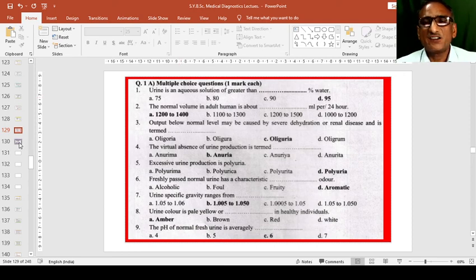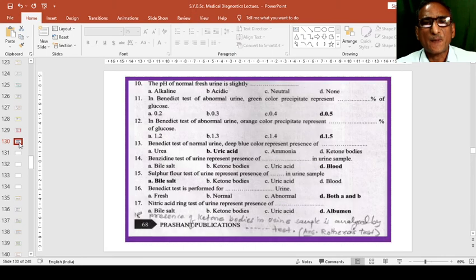I have actually given the basic idea. Now objectives 2 up to 17 are given here. Presence of ketone bodies in urine sample is analyzed by a dash test. So the answer is Rothera's test, which we have already studied. So Rothera's test is the answer to the 18th objective.